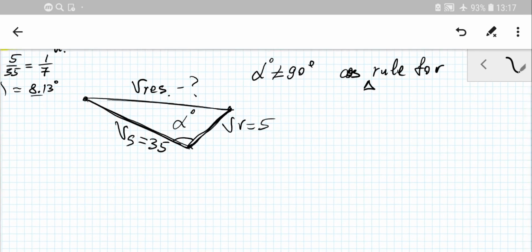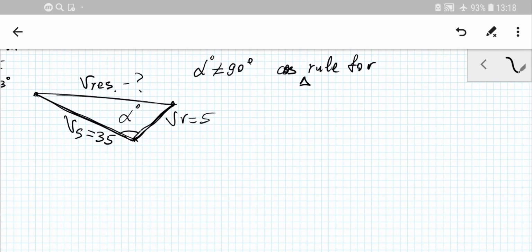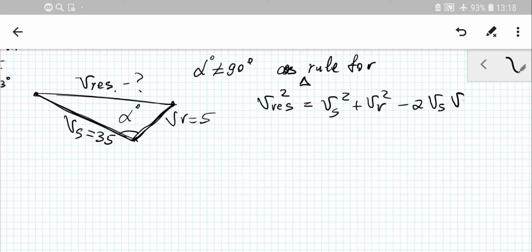How does this rule work? If you know two sides and the angle between them, and you want to find the opposite side, the one opposed to the angle, you simply need to use the following rule. The opposite side squared is the sum of the squares of the two other sides, and you subtract the double product VS VR by the cosine of the angle.